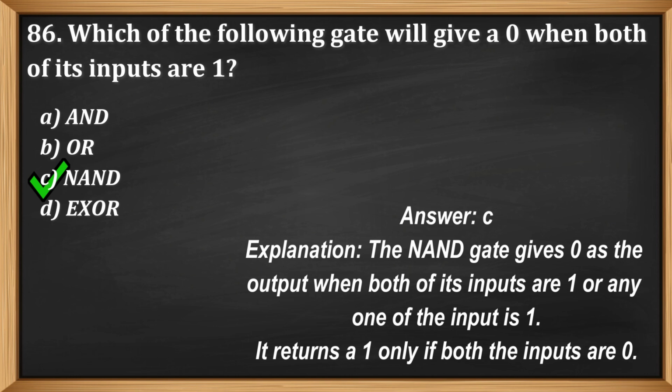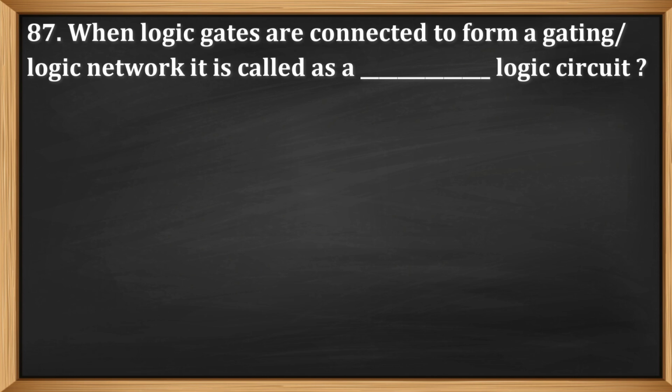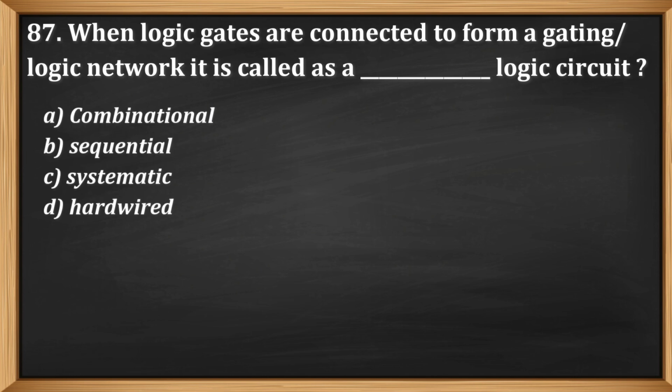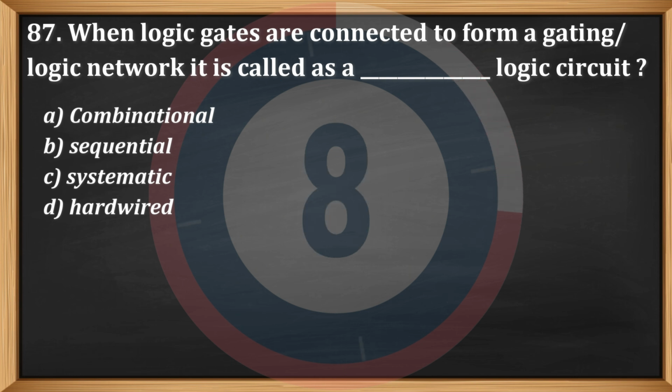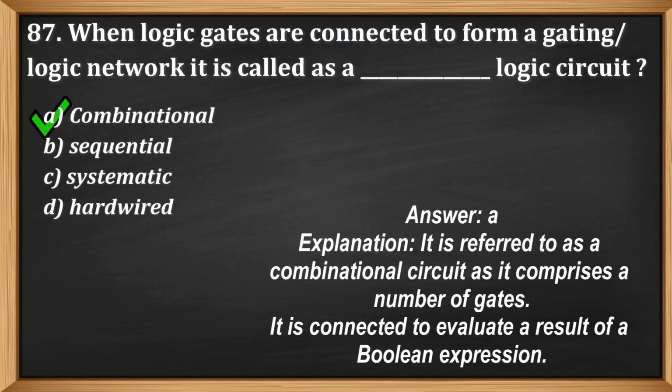Which of the following gates will give a 0 when both of its inputs are 1? Option C, NAND. When logic gates are connected to form a gating logic network, it is called a dash logic circuit. Option A, combinational.